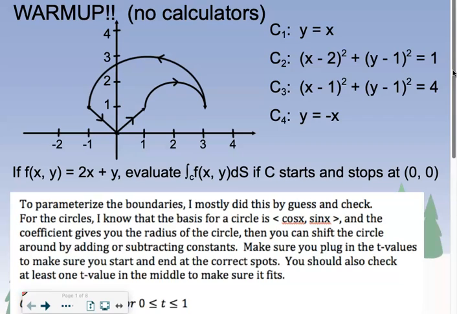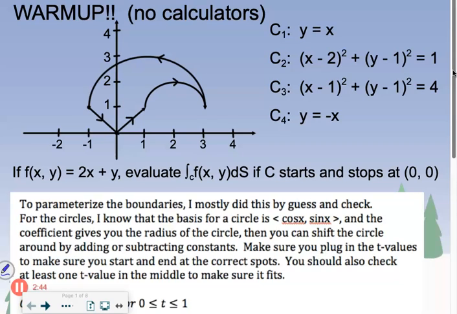So then I thought to myself, well, if I have this one as an r cosine theta, and I want it to start at the point 1, 1, where I plug in a 0 and I get out a 1, well, that could be like a cosine theta, right? And then my sine theta plus 1, something like that. And then I had to figure out what I would get.